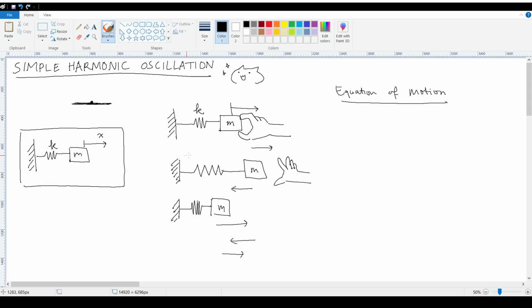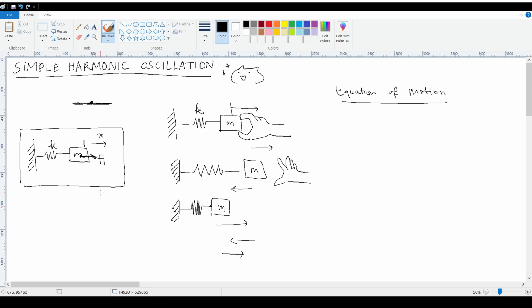Now, like the previous explanation, the mass is moved this way because of the displacement. So the mass feels a force in this direction.